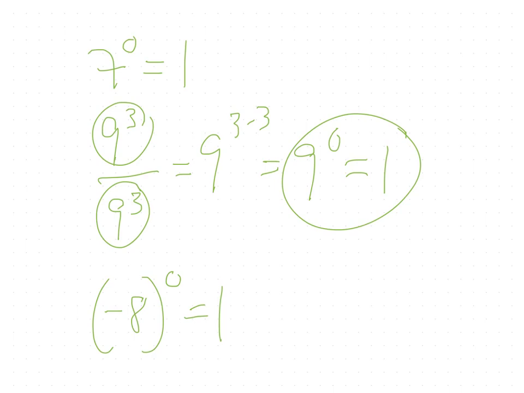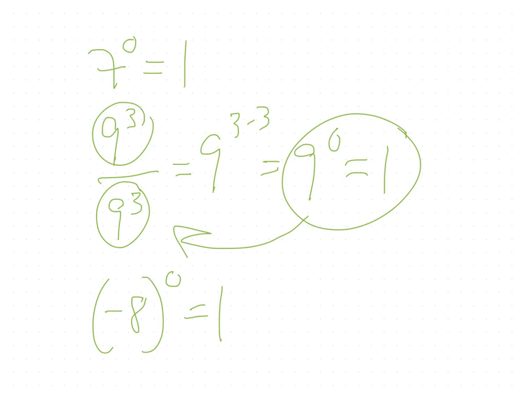So thus, the meaning of zero exponents links back to the division rule of powers, the quotient rule. You have two powers with the same base being divided, so the exponents subtract and equal 0.